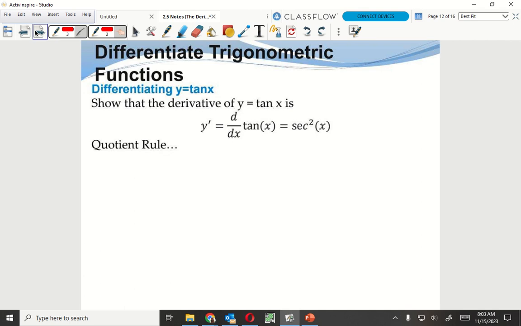So we're going to take a look at tangent. What does tangent actually represent? Sine over cosine, right? Tangent implies that it is sine over cosine.